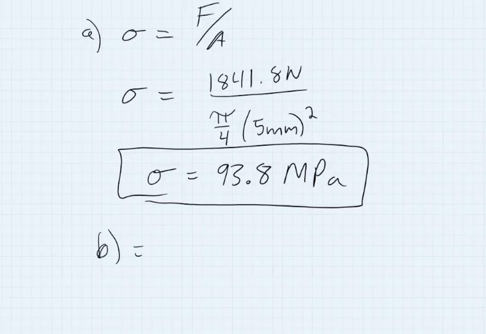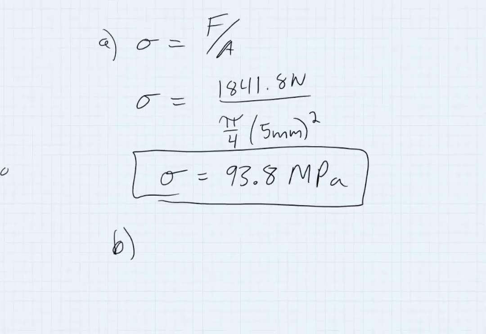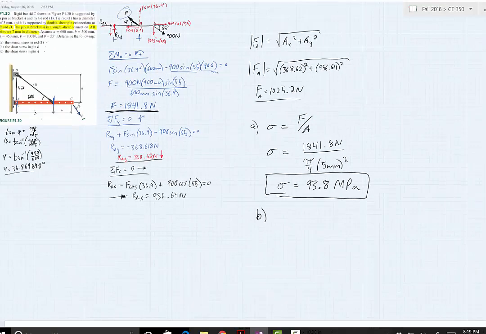So part B. Now we're looking for the shear stress in pin A. Or I'm sorry, the shear stress in pin B. So the shear stress in pin B, which is tau, equals shear over area. So the shear is going to be the same force that was applied to the rod. So tau is going to equal 1841.8 newtons divided by the area of the pin, right?